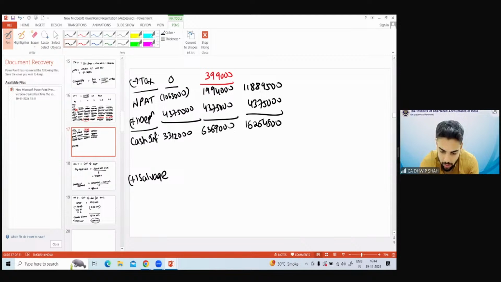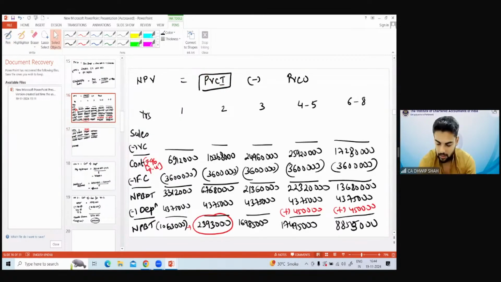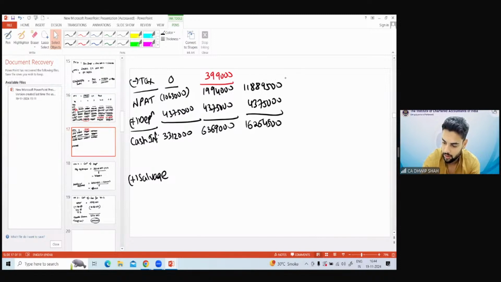For year 4 to 5, again I will pay tax on 174,95,000. Correct? So my after tax NPAT for year 4 comes to 122,46,500.